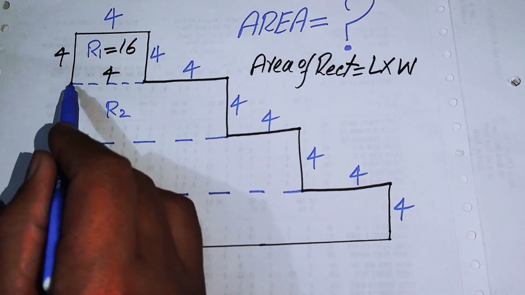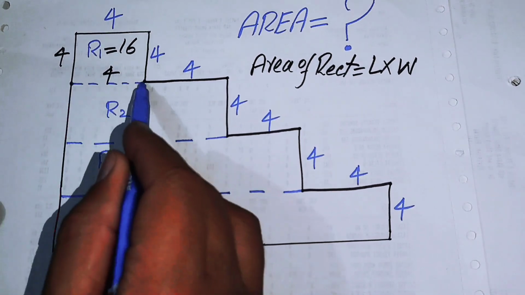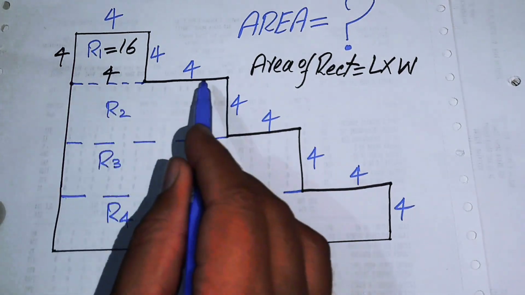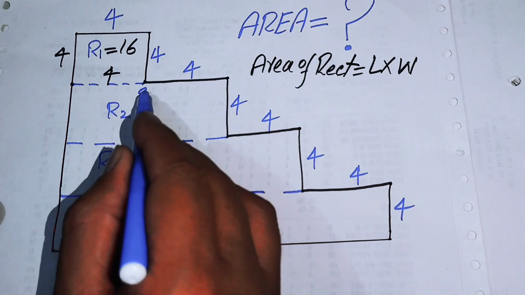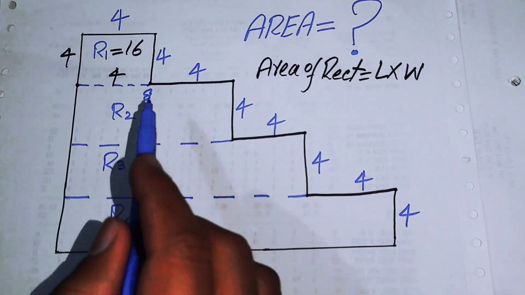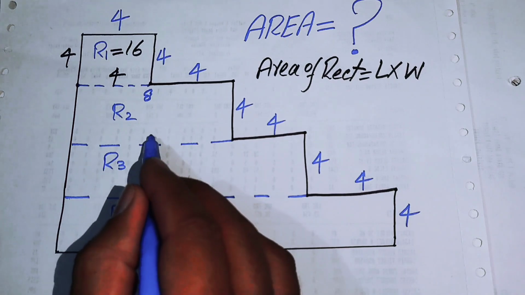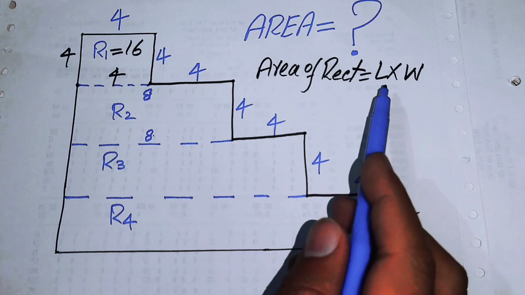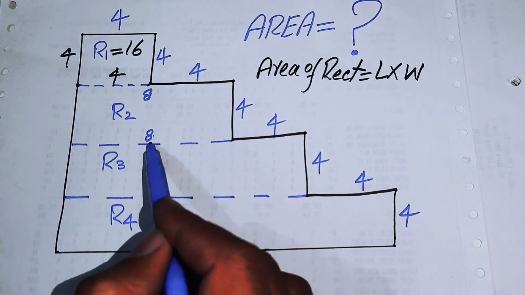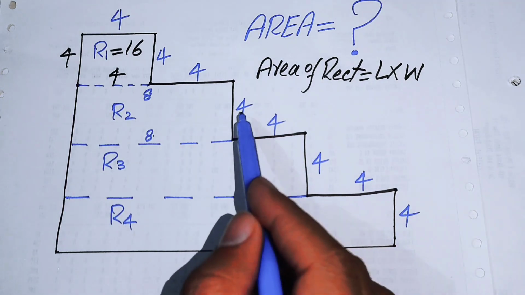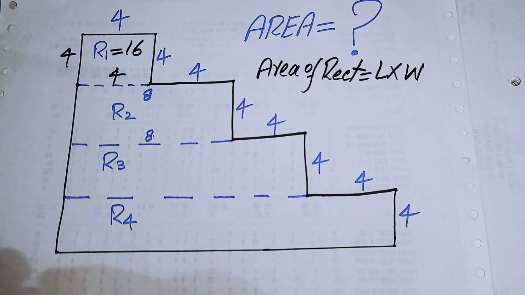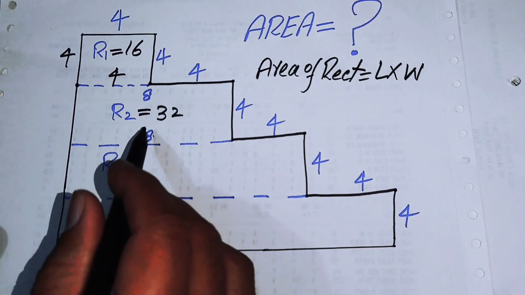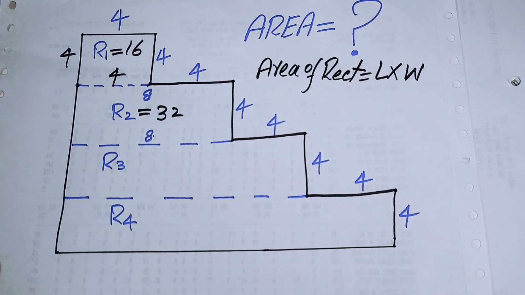The length of this total part is 8, so the length of the opposite side is also 8. The area of a rectangle equals length times width, and here the length is 8 and the width is 4. So 8 times 4 equals 32. So the area of region 2 equals 32.